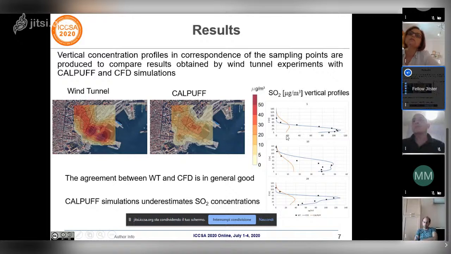The result is good between CFD and wind tunnel, but the same agreement is not observed when the wind tunnel results are compared with the CALPUFF simulation. In fact, CALPUFF generally underestimates sulfur dioxide concentration, as seen also in the ground level maps.